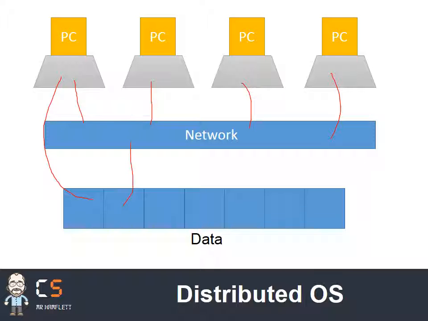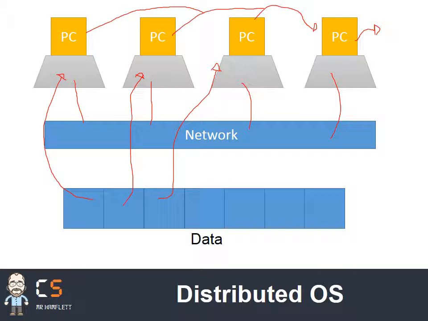So I might send one bit of data to one, one bit of data to another, like that, and then maybe more data to another one, and then finally maybe the answer gets sent to a fourth computer, which then sums it all up and outputs the final answer. So effectively we can have lots of different PCs all working together to solve a single problem.